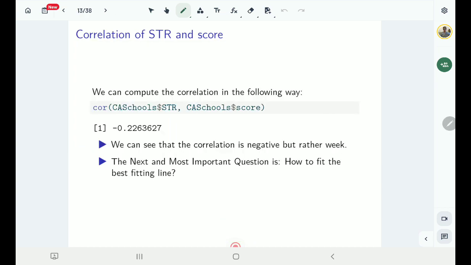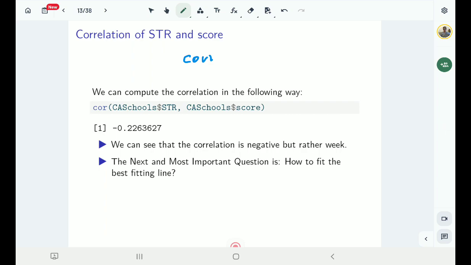Okay. So we can see that even by calculating the correlation. Make sure that you repeat the definition of correlation. That might be in the quiz or in the exam. Correlation is basically measuring the linear relationship, the linear association between two variables.